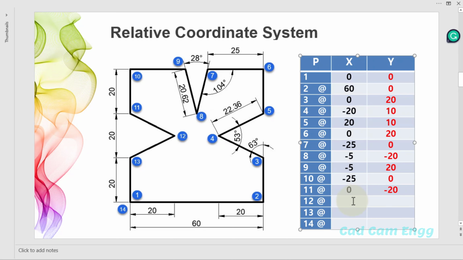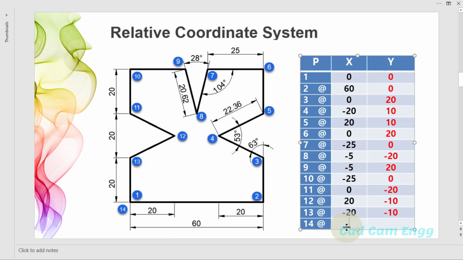Point number 12 is inclined, so x-axis plus 20 and y-axis minus 10, because the total is 20, so half of this, the middle, is 10. Next, point number 13, also an inclined line: x-axis minus 20 and y-axis also minus 10.